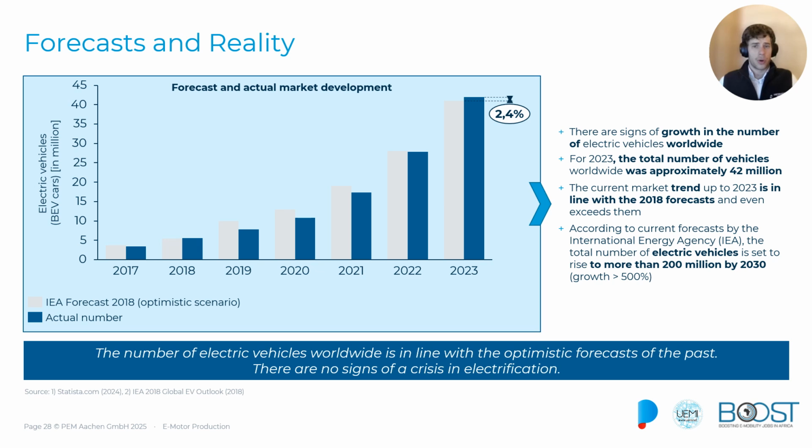This corresponds to a growth rate of more than 500% in 7 years. So we can say that the number of electric vehicles worldwide is in line with the optimistic forecast of the past, and that there are no signs of a crisis in electrification.